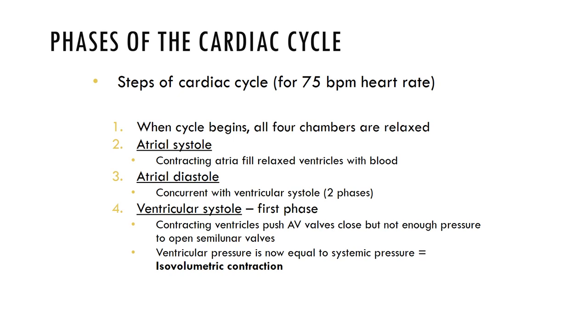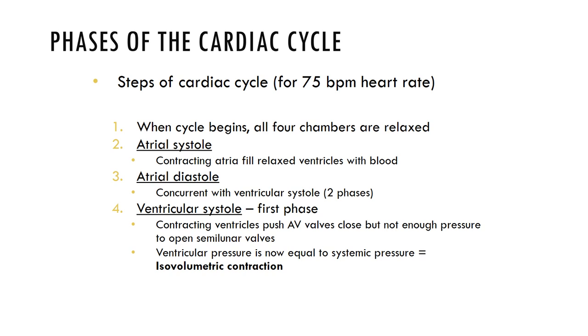And this phase can be further divided into 2 phases. Ventricular systole, the first phase, is where ventricular contraction pushes the AV valves closed but does not create enough pressure to open the semilunar valves. This is known as the period of isovolumetric contraction.